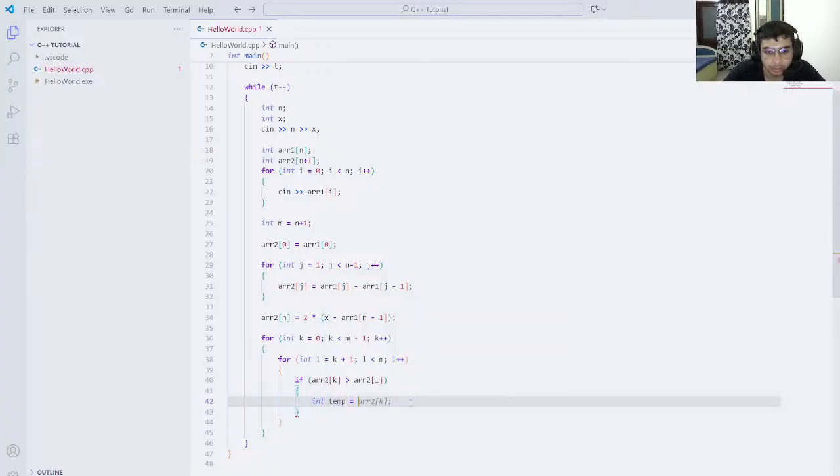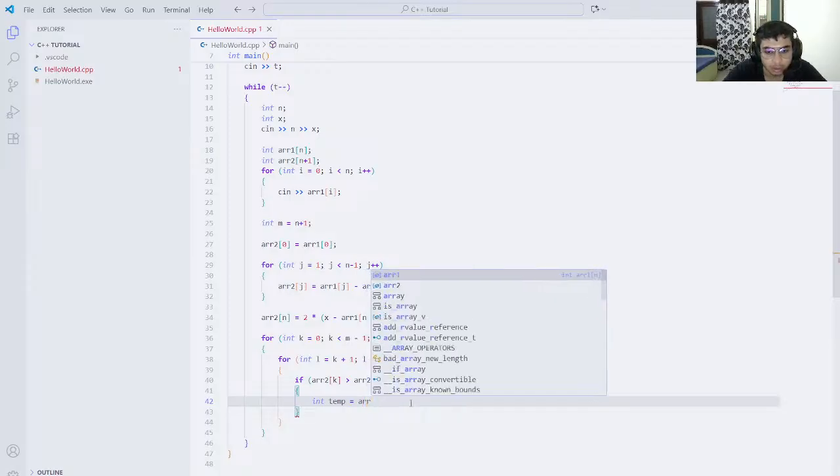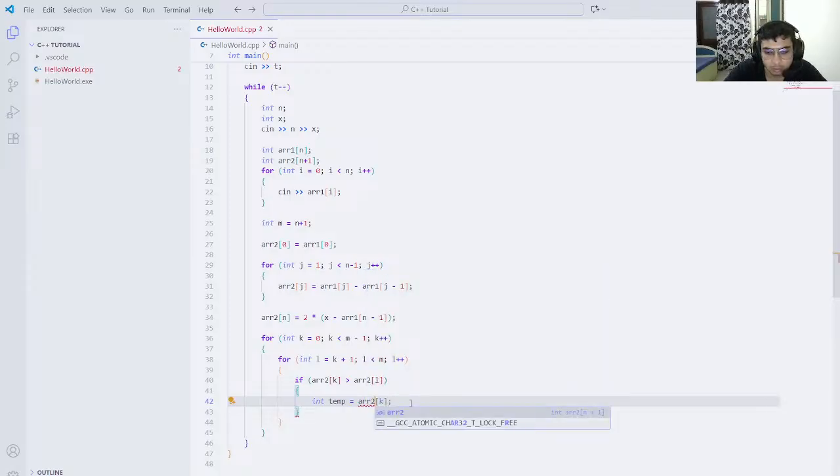Int temp is equal to ARR, let me just remember which one it will be. Since K is bigger than L, K needs to be at L position.